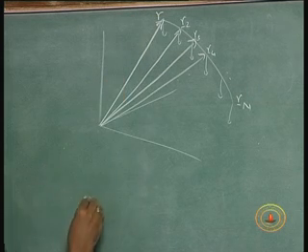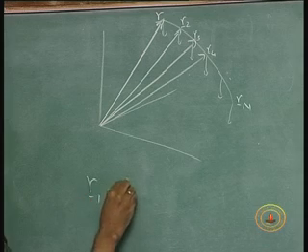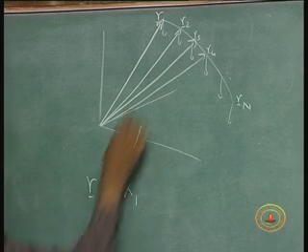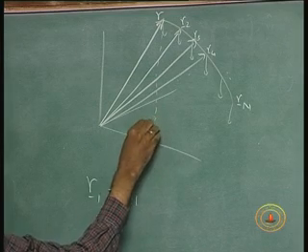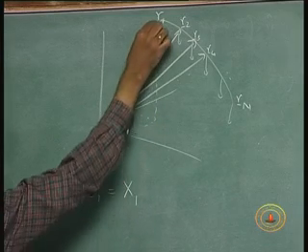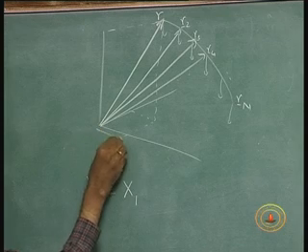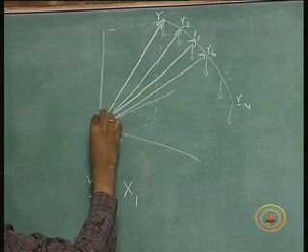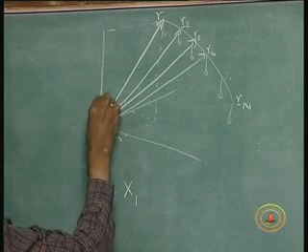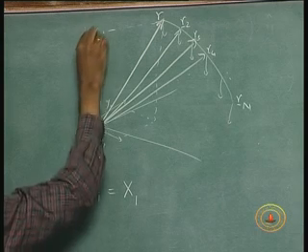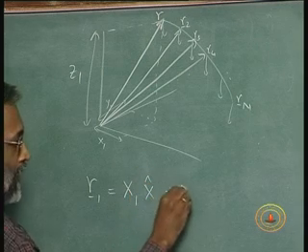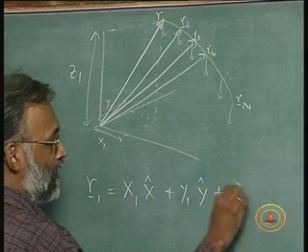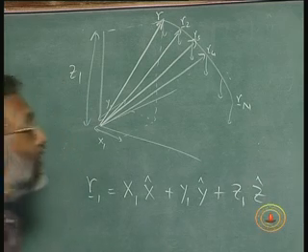So if I look at R1, it is really x1, so it is this distance x1, this distance is y1, this distance is z1. So it is x1 along x direction plus y1 along y direction plus z1 along z direction.